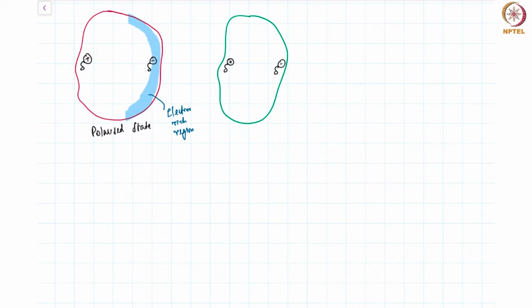So in other words, the very process of bringing one polarized state dipole near another molecule would be to create an instantaneous dipole. So on the left side, what you have is an instantaneous dipole, and on molecule B, what we end up getting is an induced dipole.